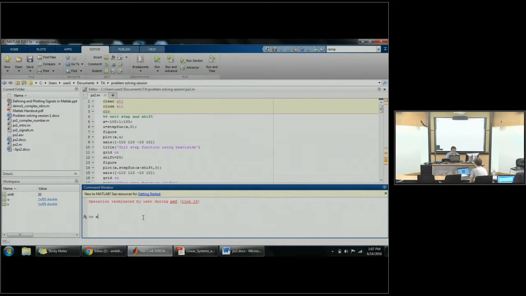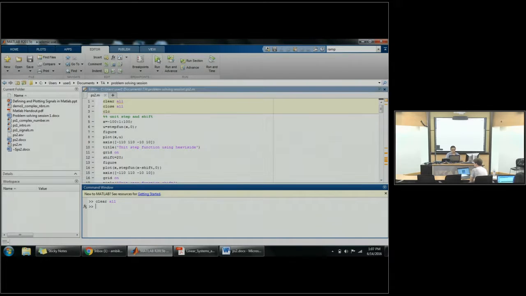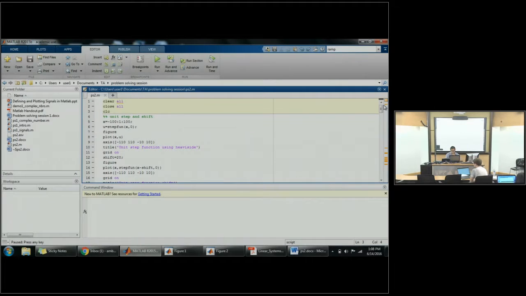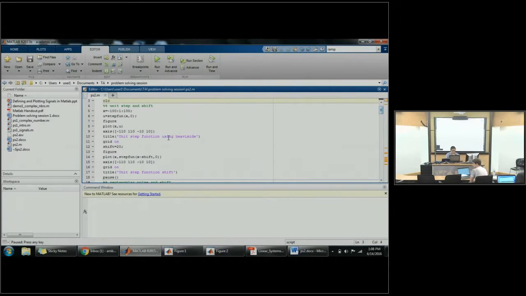Now, this is a normal script that you define in MATLAB. You can run your script either by pressing F5 or the run button. So I run it and I get my plots. First let's see what I have done. For the unit step, I've just defined my x or t time axis from minus 100 to 100 with an increment of 1.